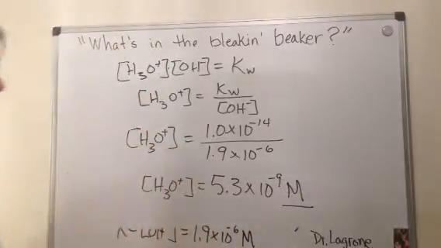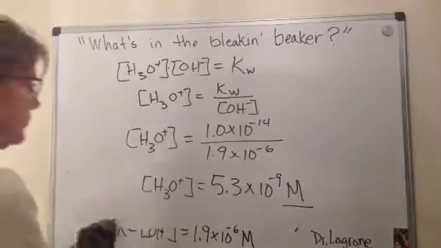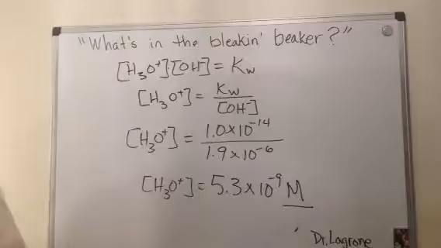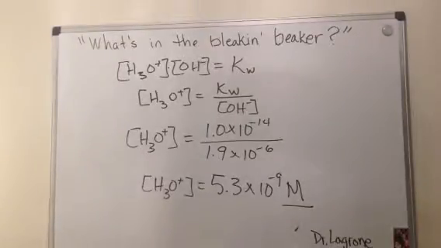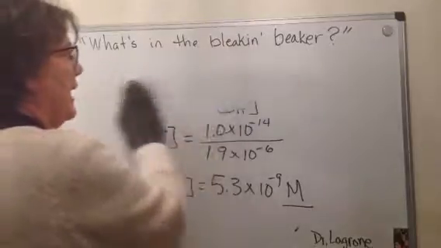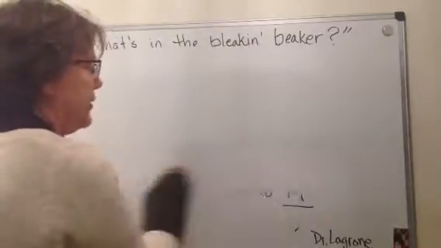Concentration, always put your unit on it. So there we have it. And that's how to do hydrolysis when the conjugate base, the anion of the salt, reacts with water.